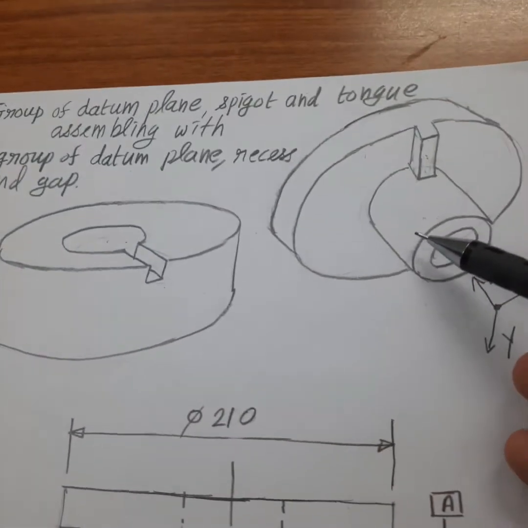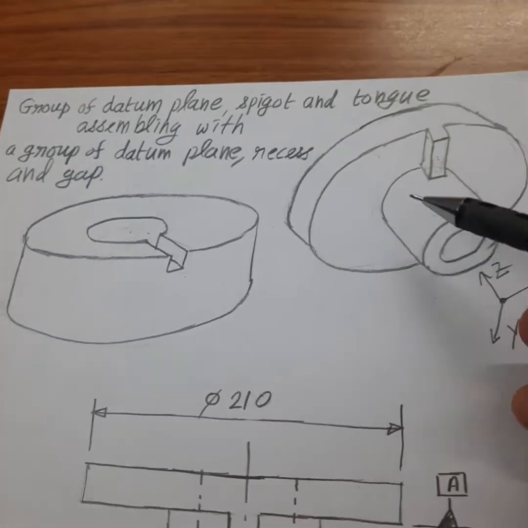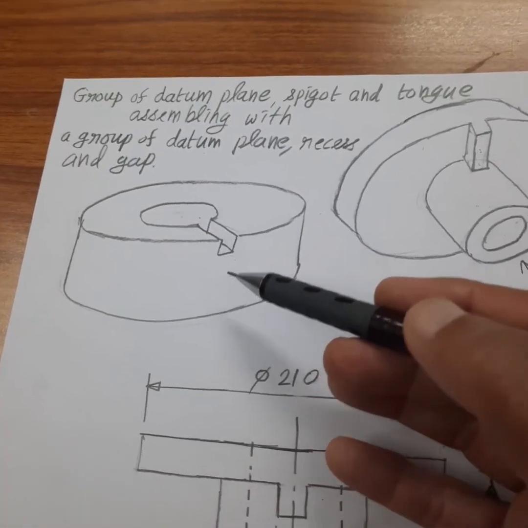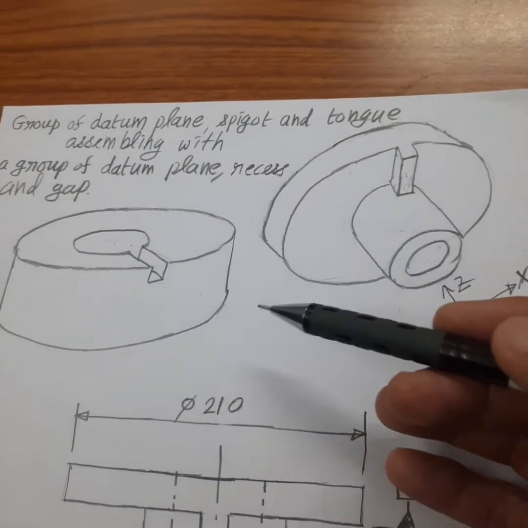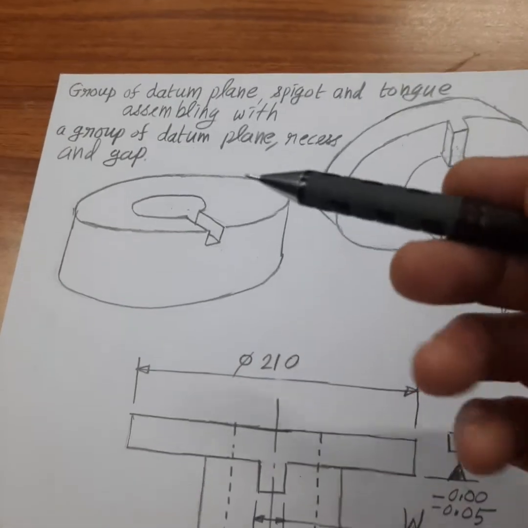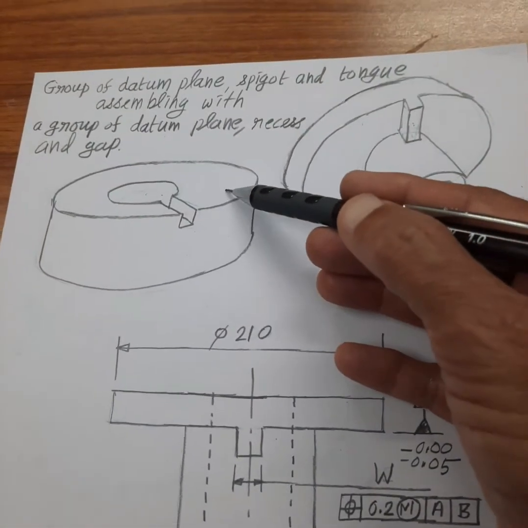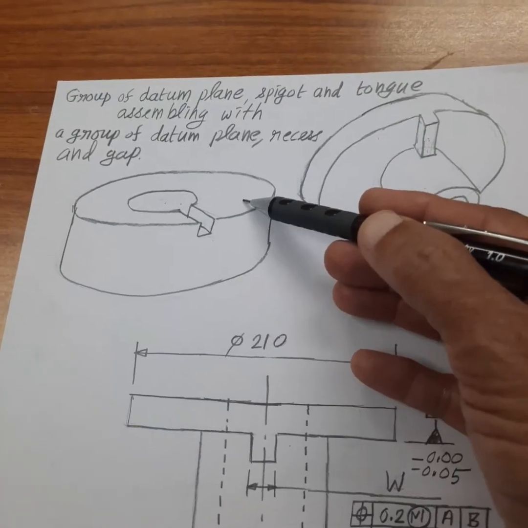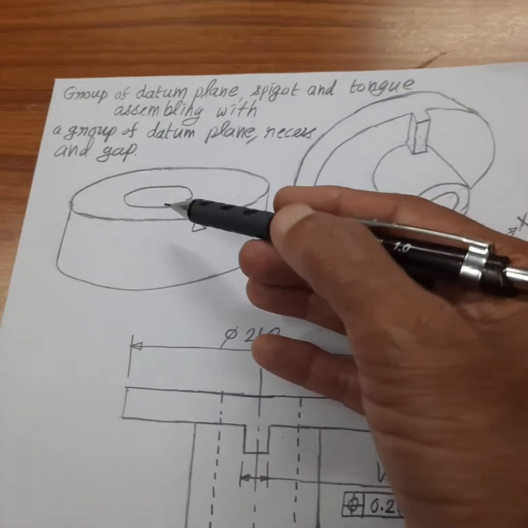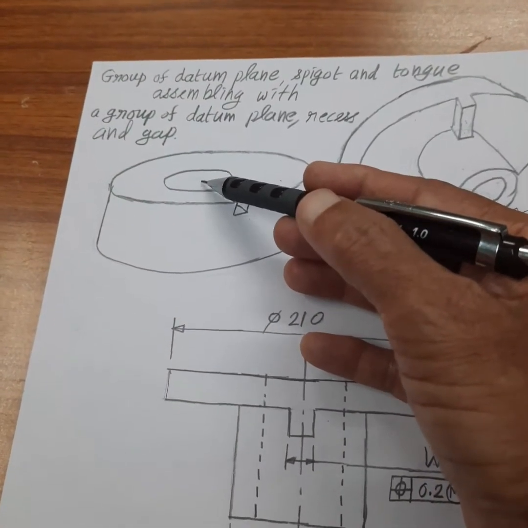When this part is assembled onto this part, all the 6 degrees of freedom of this part are arrested with respect to this part. So this datum system is used to arrest all the 6 degrees of freedom of one member with respect to the other member. When this datum plane is assembled onto this datum plane, 3 DOF are arrested, and when this spigot is assembled onto this recess, 2 more degrees of freedom are arrested.